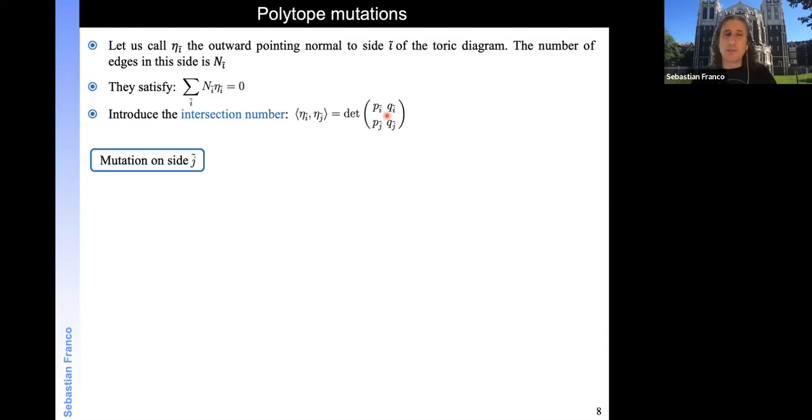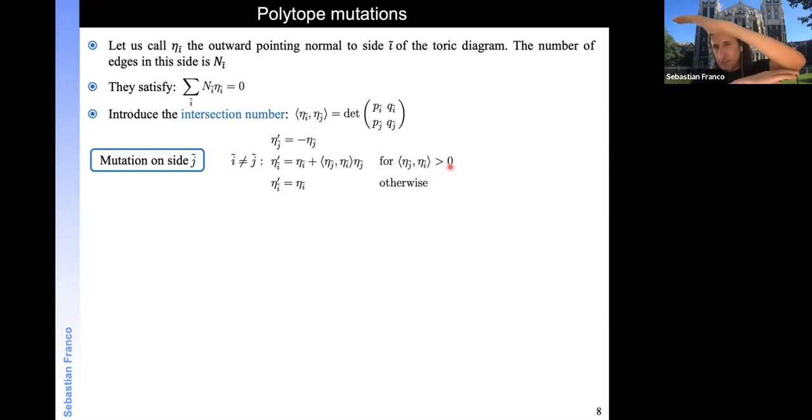Very good. So the mutation on a given side J is defined in the following way, right? You will take the side J and you will invert it. You will flip the normal to the negative of it. Then you will look at all the edges with positive intersection, or if you want, all the legs with a positive intersection with the one that you mutate, and we will see examples, and you will transform it in this way.